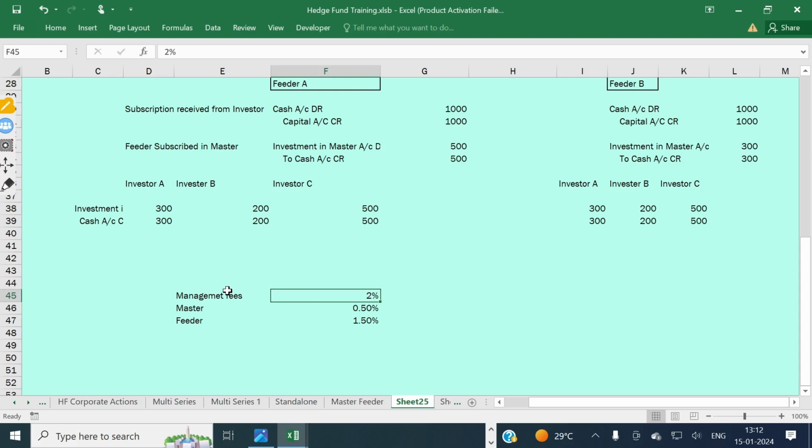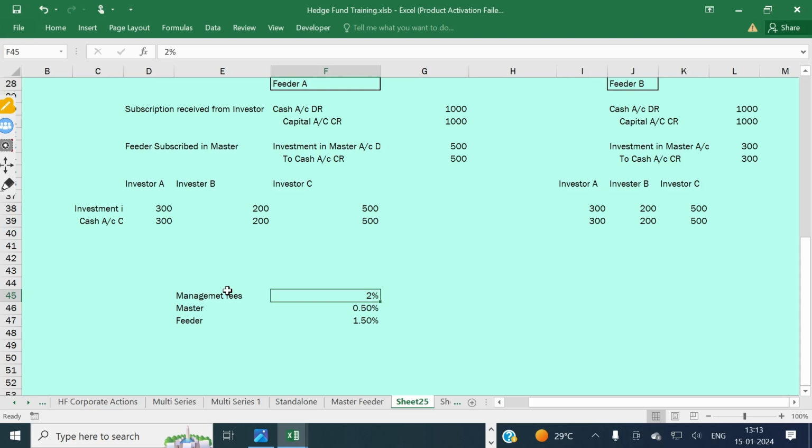Or sometimes master can directly charge, or allocate and charge, fees to the investors. So flow, it means sometimes you would see bottom to up or maybe up to bottom. So that depends.